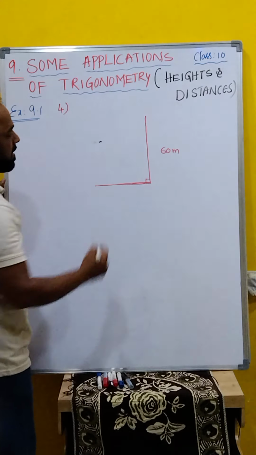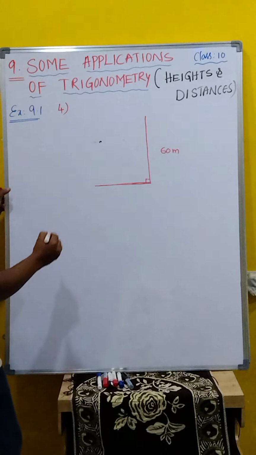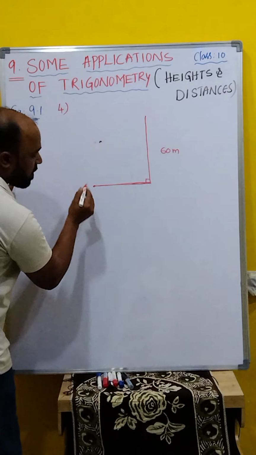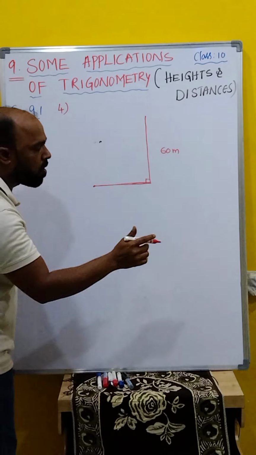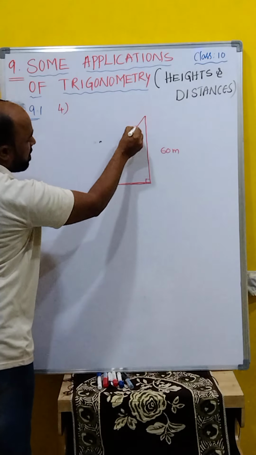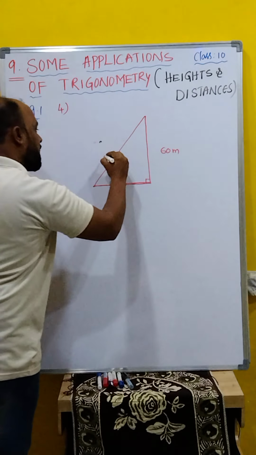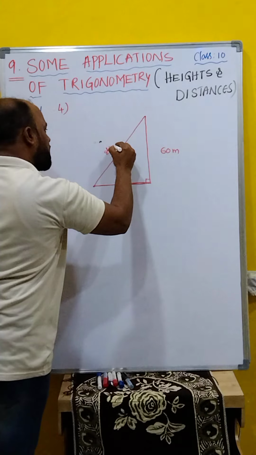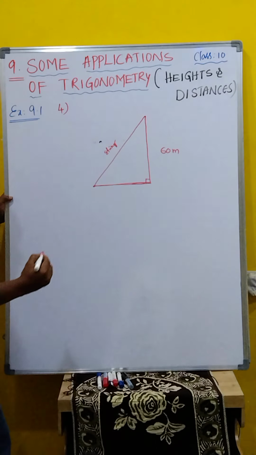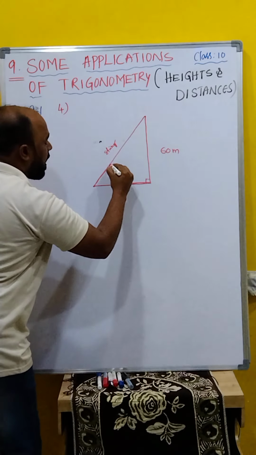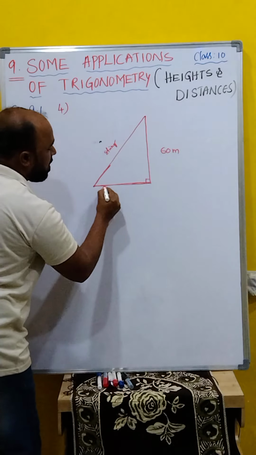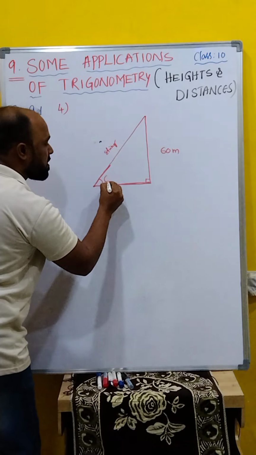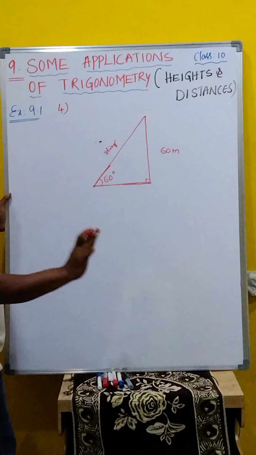This is the height, 60 meters. And here somewhere a point on the ground and tied. What is here? String or thread. Clear, children? The angle between the string and this horizontal line is 60 degrees, clearly given, that is the condition.